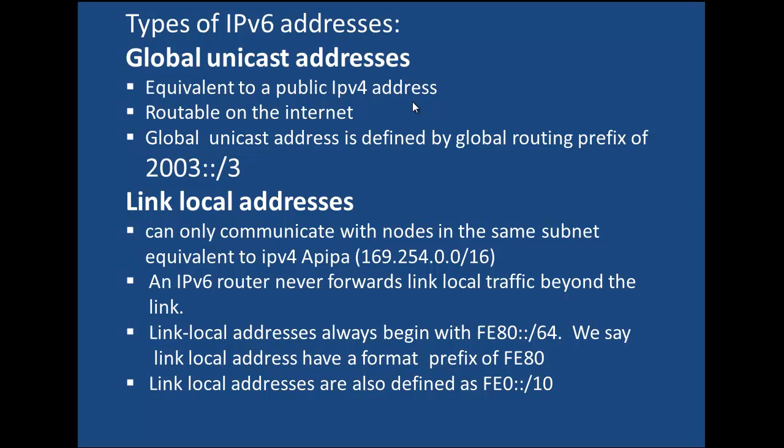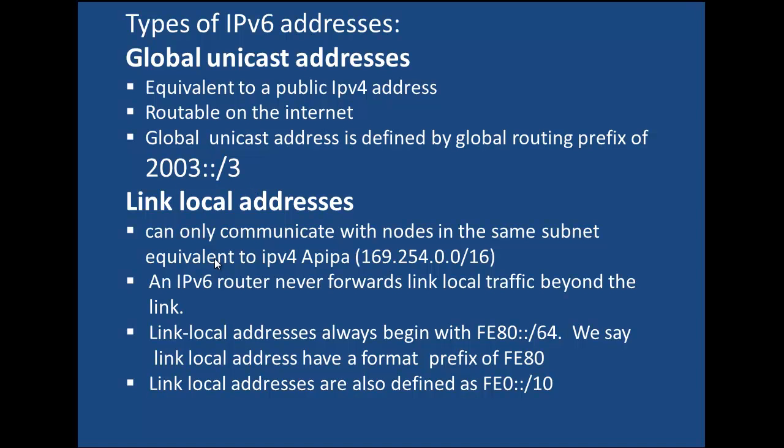And that is equivalent to a public IPv4 address, which is an address you use to communicate on the internet. The global unicast address has a prefix of 2003, or we can say 2XXX, where X can be any hexadecimal number.